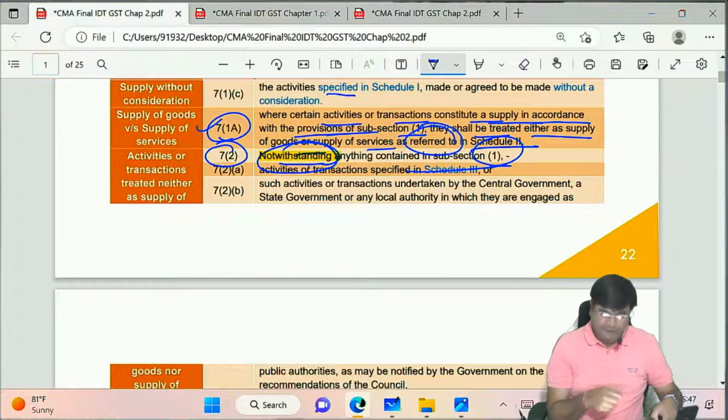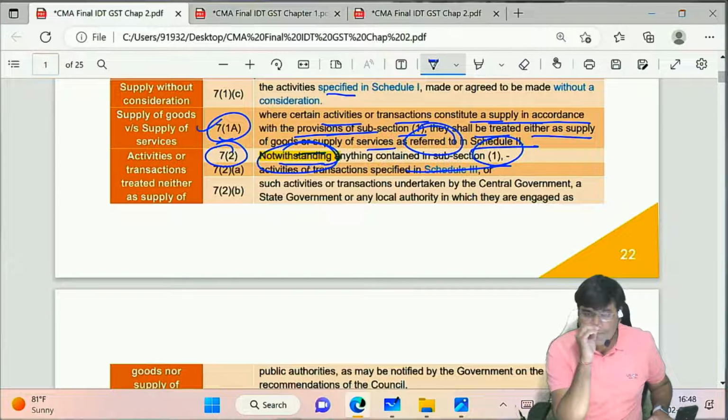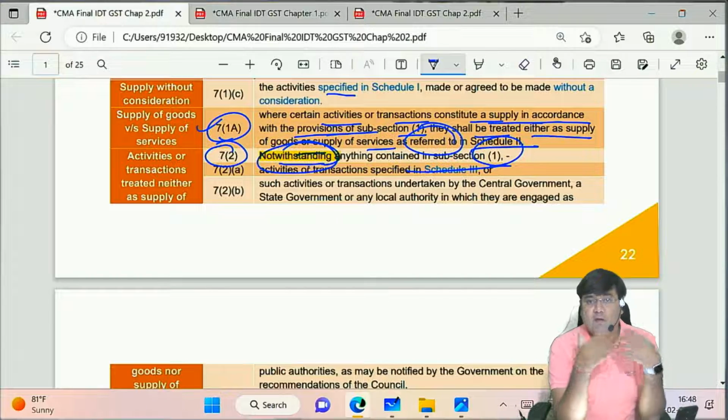Correct. Overriding. So when the term notwithstanding has been used in any provision, it is going to override.